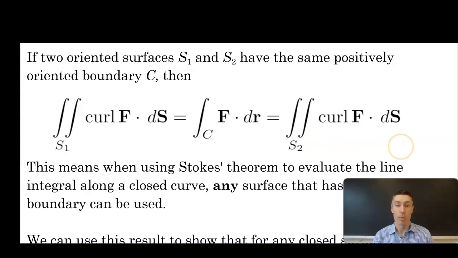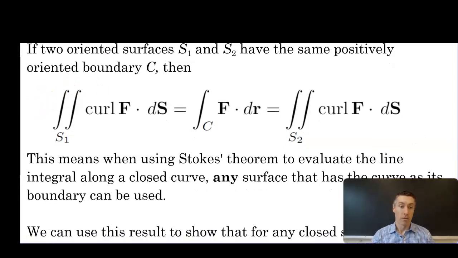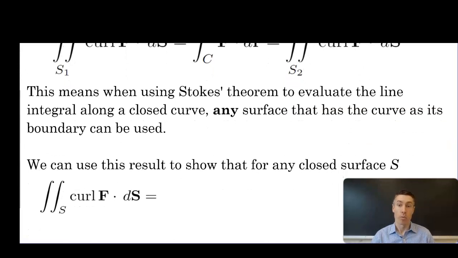This is a really important result. What it means is, take any two surfaces that have the same boundary curve, the surface integral of their curl vector field is going to be equal. Now, for Stokes' theorem, when we're trying to evaluate the line integral along a closed curve, any surface that has the curve as its boundary can be used. So the idea here is pick the easiest.